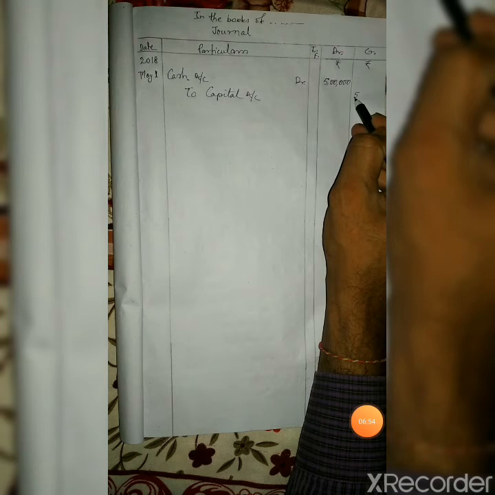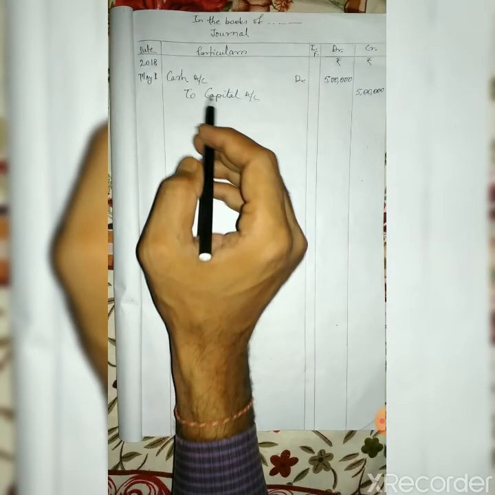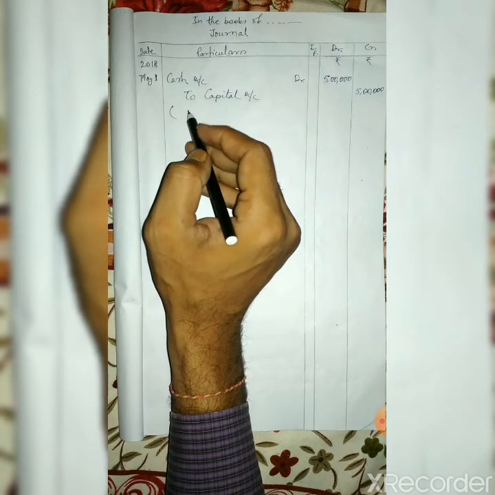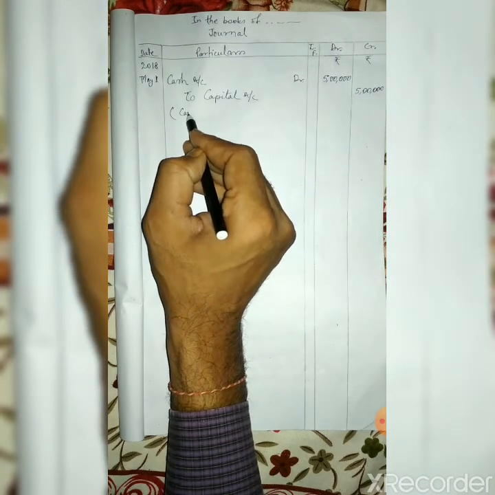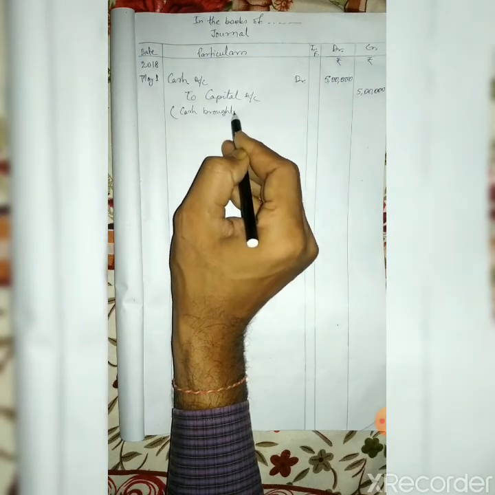Now the amount will be entered in the debit and credit columns both. The amount of cash and capital is the same, so both amounts will be the same. That is the theme of the double entry system, that each transaction affects two accounts with the same amount.